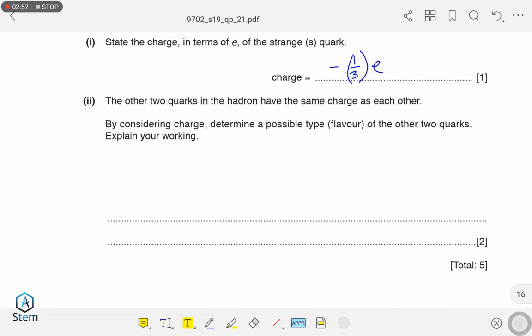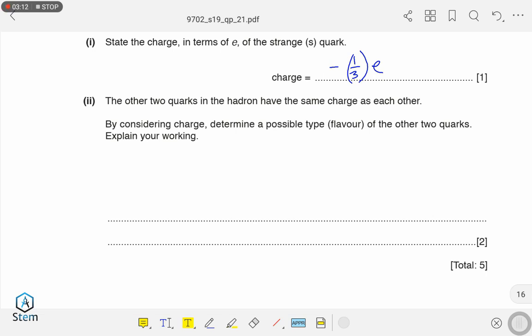The other 2 quarks in the hadron have the same charge as each other. By considering charge, determine a possible type or flavor of the other 2 quarks and explain your working.